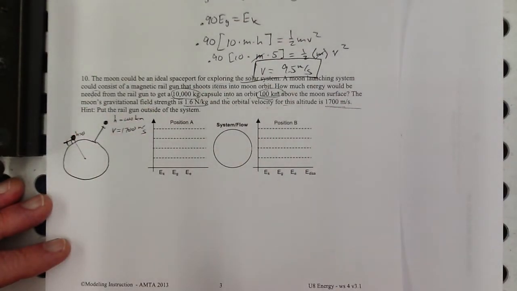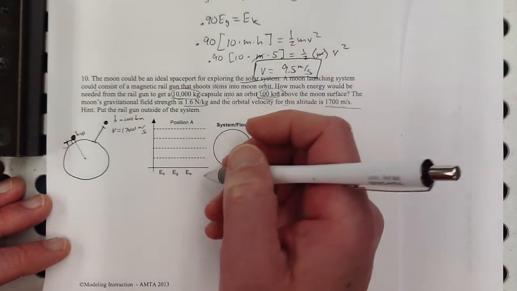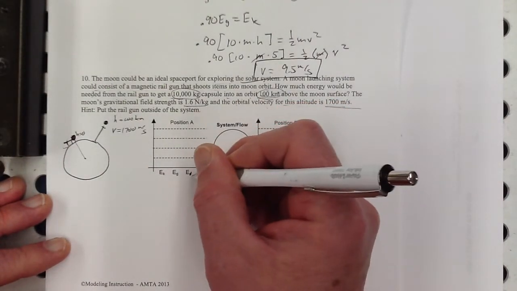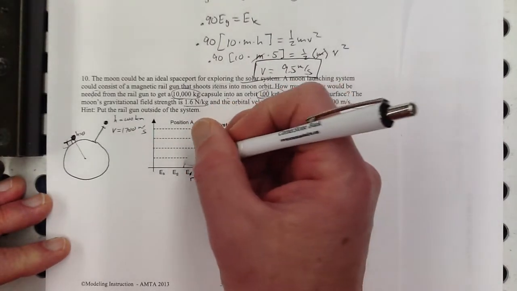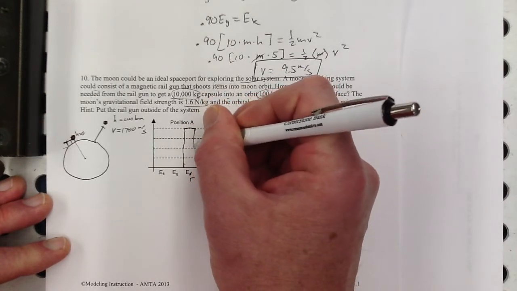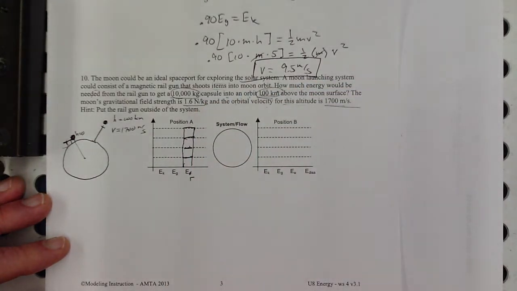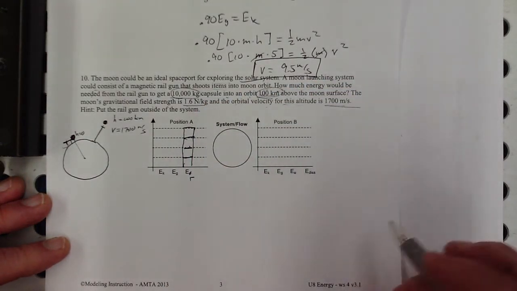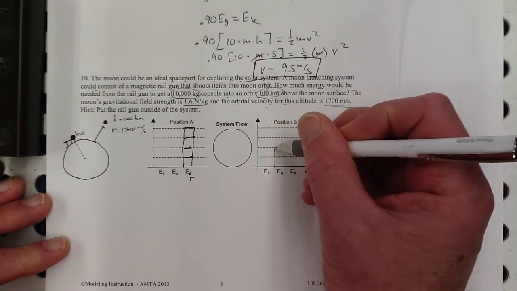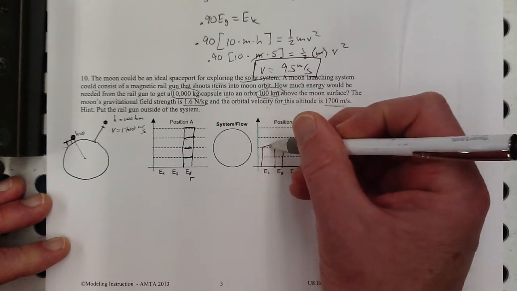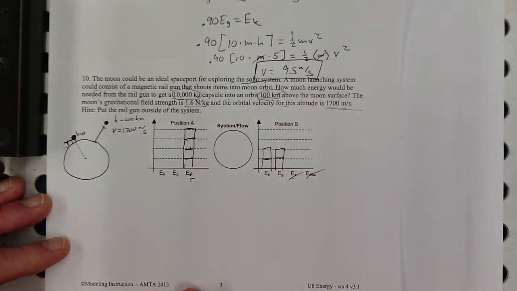We've got to have the energy stored in the railgun. So you want to call that elastic energy? It's not exactly. How about if we just modify this and say energy of the railgun? It's not exactly like a spring, sort of, kind of. So there's all that energy there. And here we've got a bunch of gravitational potential energy, and we've got a bunch of kinetic energy of its orbit.